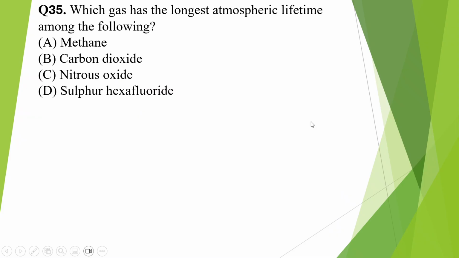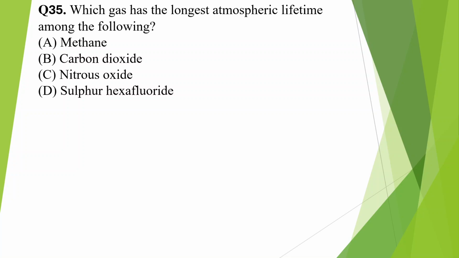So let me correct that. The correct answer for question number 35 is sulfur hexafluoride. If you see the lectures, you will find this sulfur hexafluoride, or SF6. It can remain in the atmosphere for more than 3000 years. That was discussed.